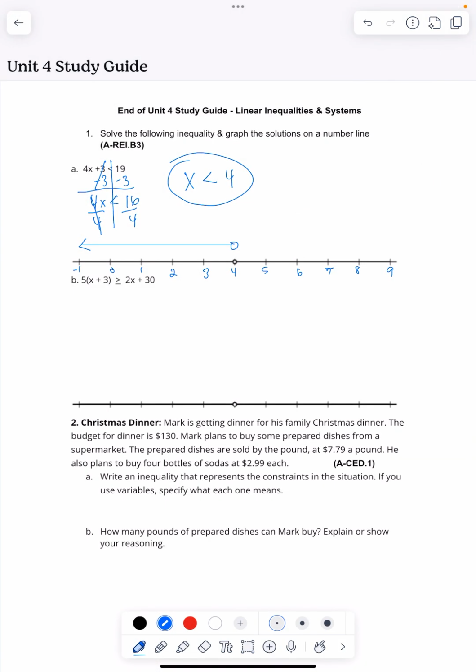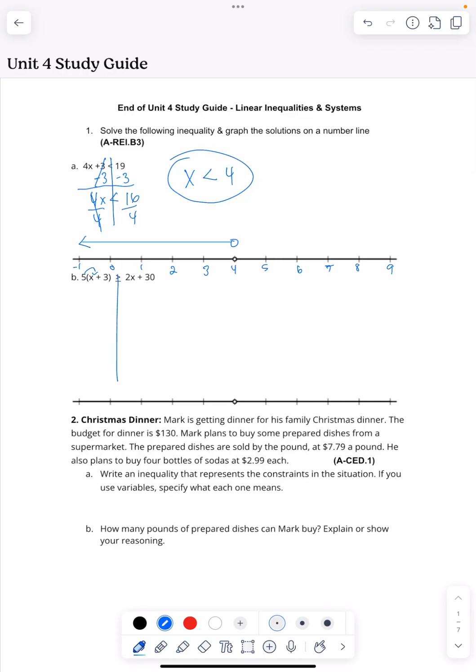Now the next one, we could do something similar. First, we have to distribute here. So 5x plus 15 is greater than or equal to 2x plus 30. Subtract 15 from both sides. We get 5x is greater than or equal to 2x plus 15.